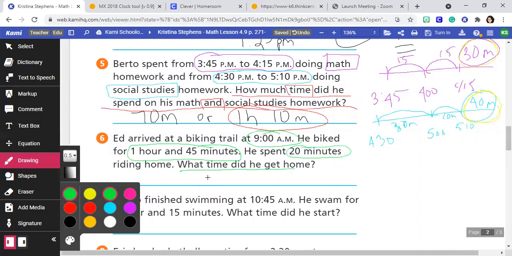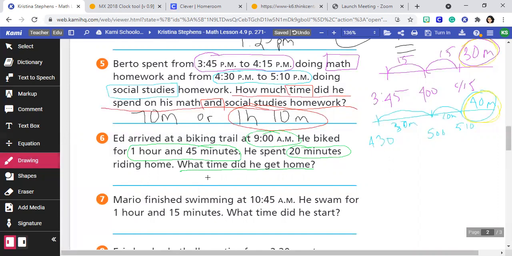What time did he get home? Okay, well, I'm going to use my number line. So if he arrived there at 9 a.m. and he biked for 1 hour and 45 minutes, let's represent that here.